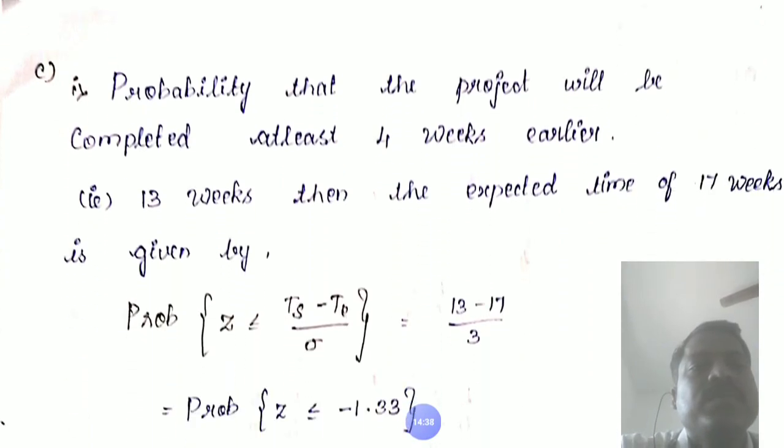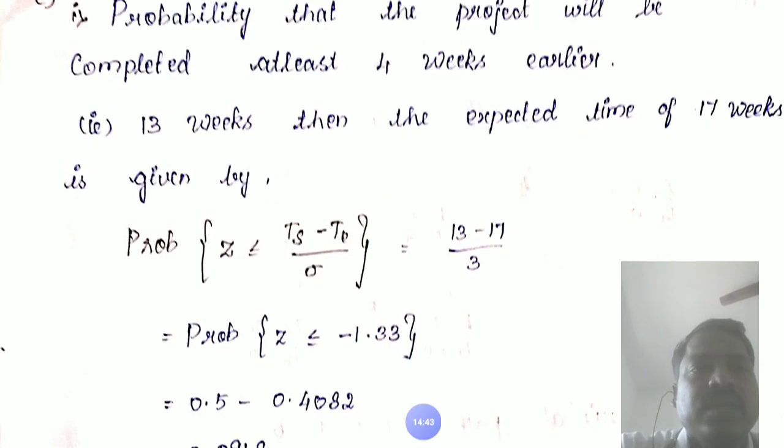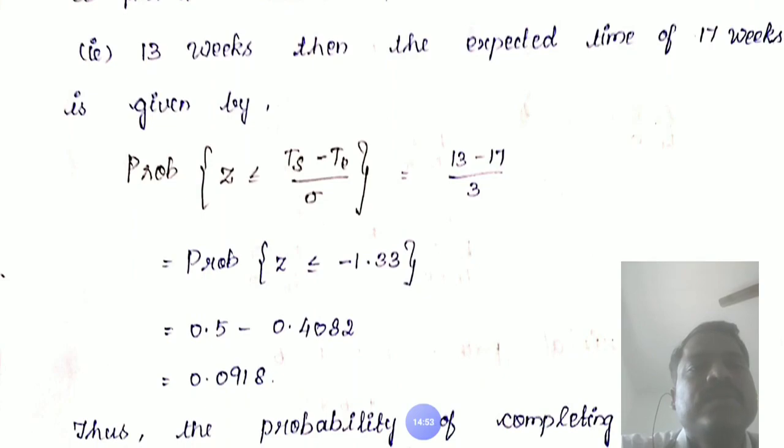Next, the probability that the project will be completed at least 4 weeks earlier, that is 13 weeks. The expected time of project completion is 17 weeks, so it is given by the probability of Z less than or equal to TS minus TE divided by sigma, equal to 13 minus 17 divided by 3.